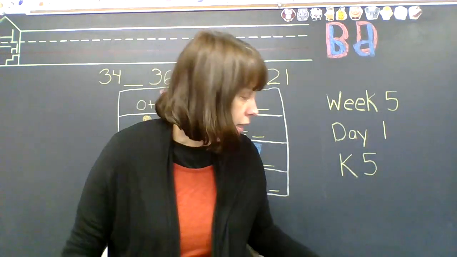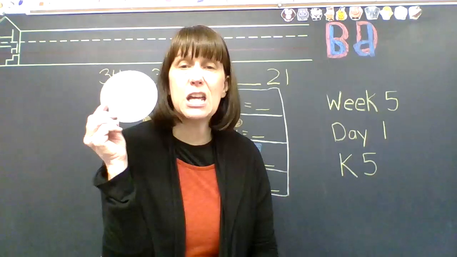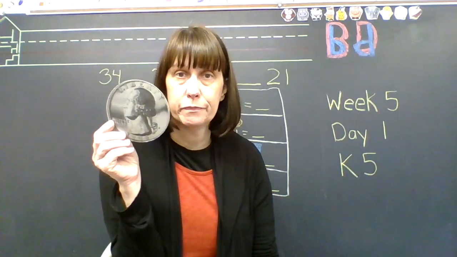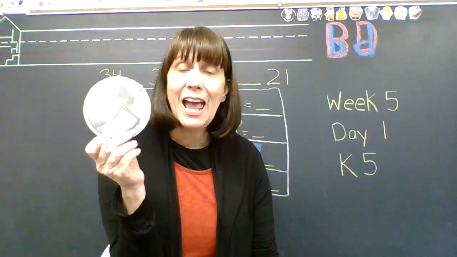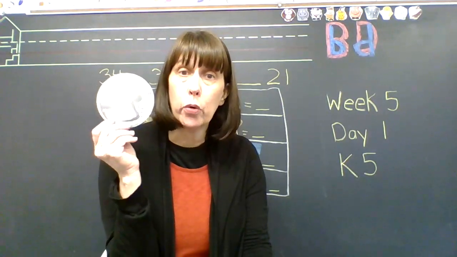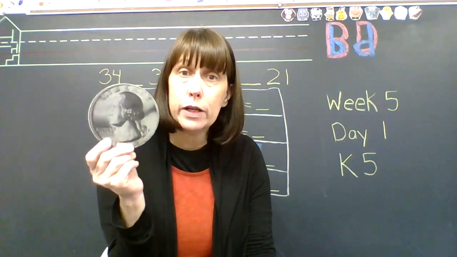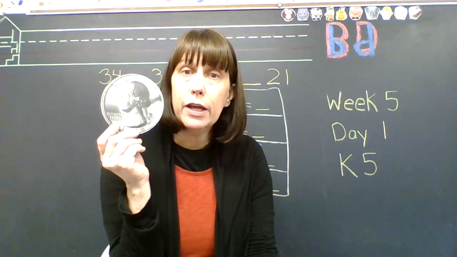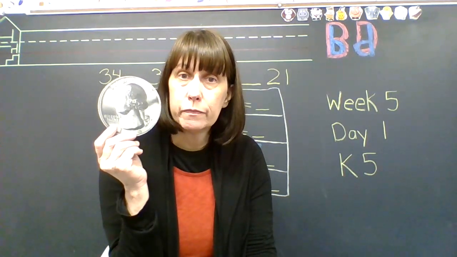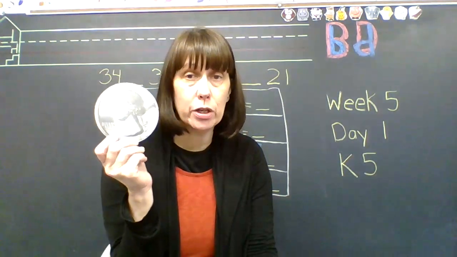Very good. Now, boys and girls, this is the big one. What's the name of this coin? Quarter. How much is a quarter worth? 25 cents. And what do we count by when we count quarters? 25s. Very good, boys and girls.